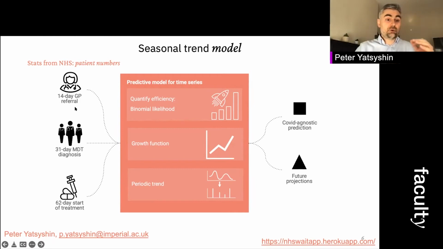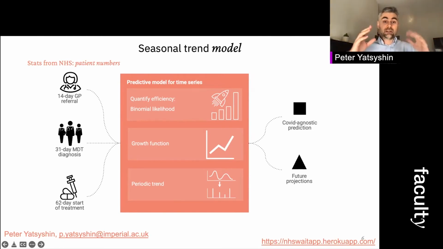The first one is a 14-day GP referral. This means that if a patient has cancer, he or she has to be referred within 14 days by a GP. Then within 31 days of a multidisciplinary team diagnosis, the treatment should start. And within 62 days of the initial GP referral, the treatment should definitely start. So these are the three key metrics.